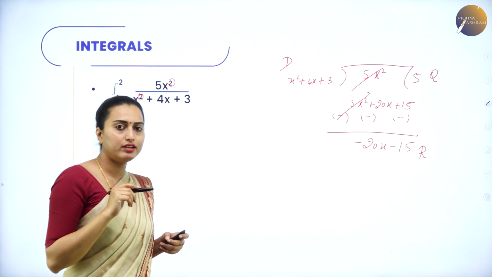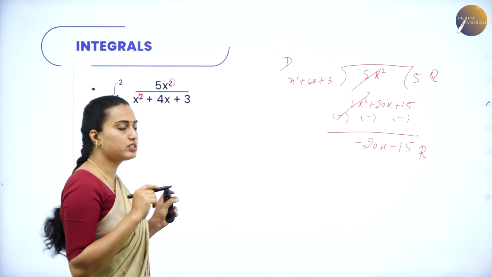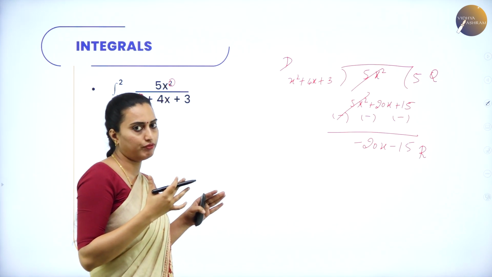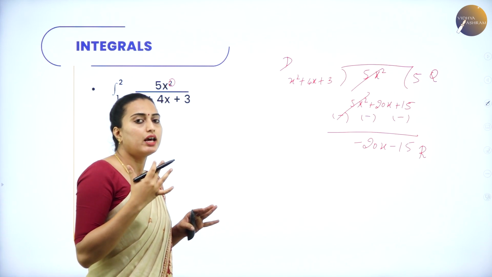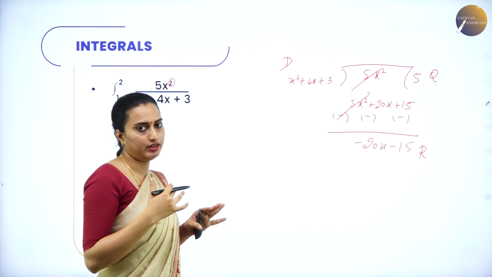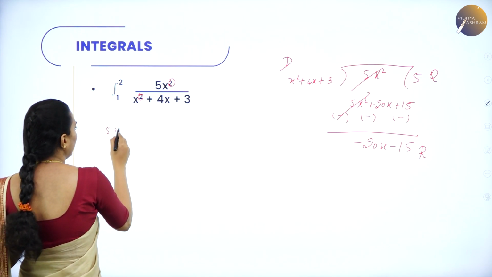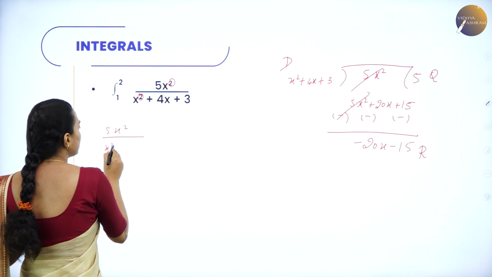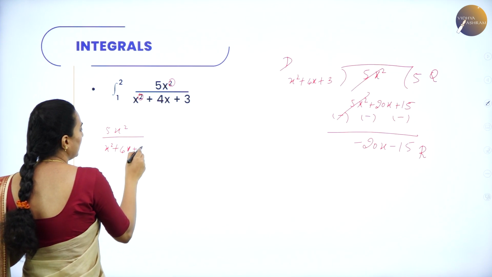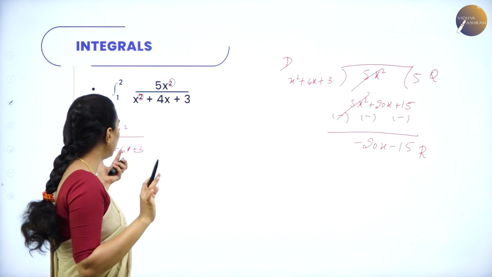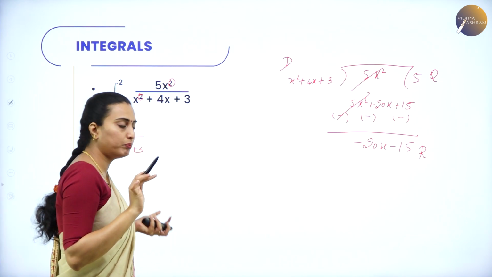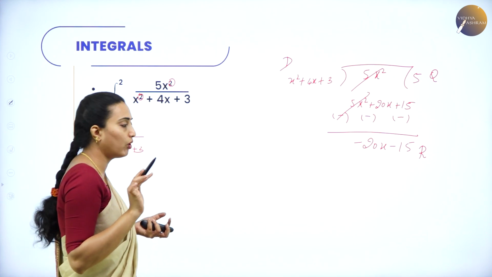You can write the given term, reducing to the proper partial fraction, as quotient plus remainder divided by dividend, right? So 5x squared divided by x squared plus 4x plus 3 can be written as what?